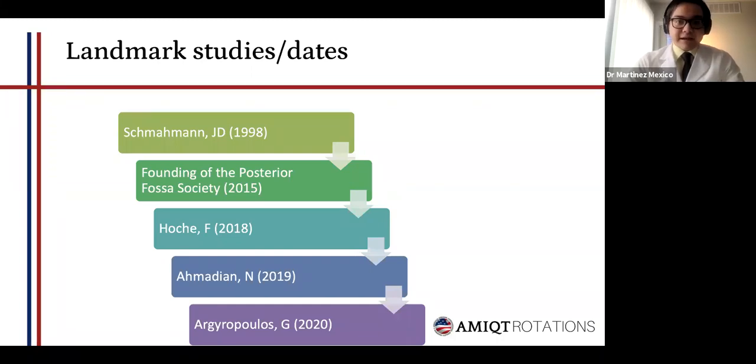In 2015, the Posterior Fossa Society was founded, whose main function is to study and develop guidelines for the management of cerebellar mutism syndrome, which I'm going to talk more into detail in a few slides, and recently cerebellar cognitive affective syndrome. A specific scale was developed by Dr. Hoche and Dr. Schmahmann in 2018, which was in itself evaluated in meta-analysis in 2019. And the most recent big study was a task force by Dr. Argyropoulos in 2020.